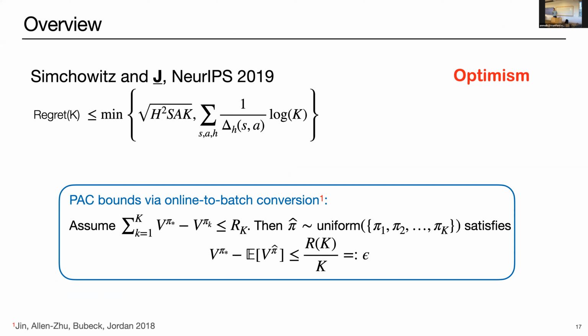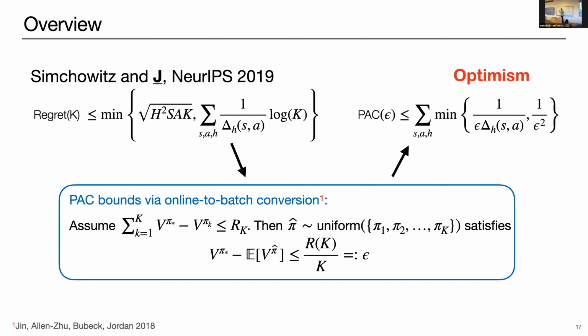Then if I choose pi hat uniformly at random among all those policies that I've seen so far, then a direct calculation of the expectation of V pi hat gives that V pi star minus V pi hat is less than or equal to R(K) over K. It's a very coarse sort of thing. It's not a great idea to do. I wouldn't recommend it, but you can do this and it'll get you a PAC bound.